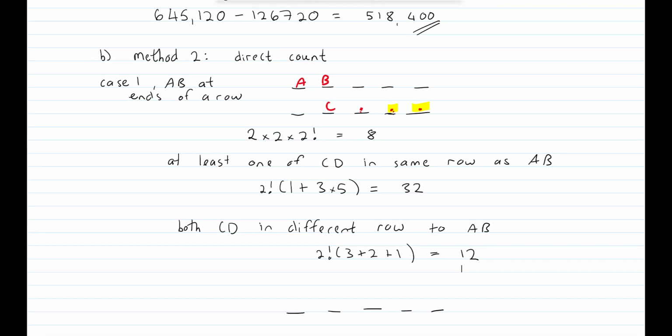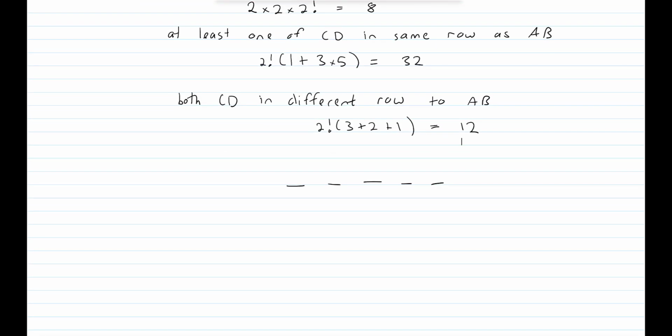Okay, so now we can work this out. For A and B at the ends of the row, there were 8 ways, and then we're going to times that by 32 ways for at least one of C and D in the same row, but then we had to times that by the 6 factorial ways to arrange all the other people, plus 12, and also times the 6 factorial ways for all the other people.